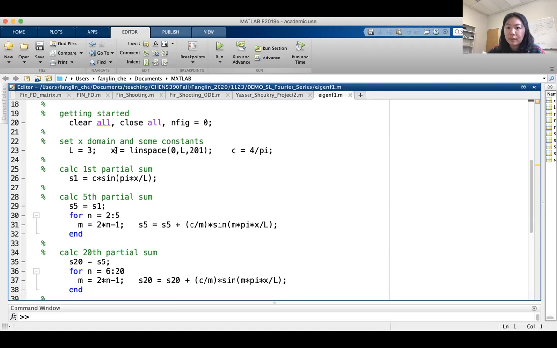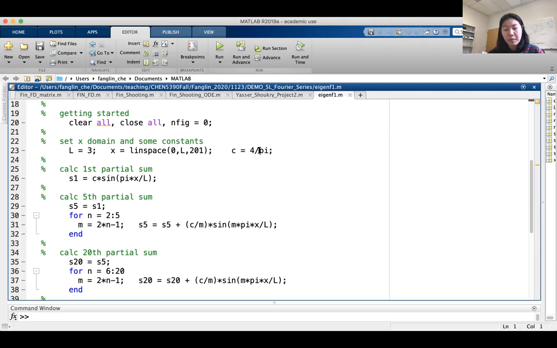And x is the independent variable between 0 and L. Let's have a very small subdomain, so between 0 and L you will have 200 points. We define C, where C equals 4 over pi.